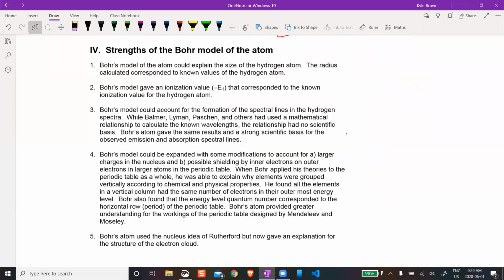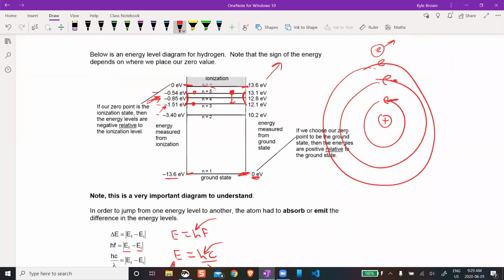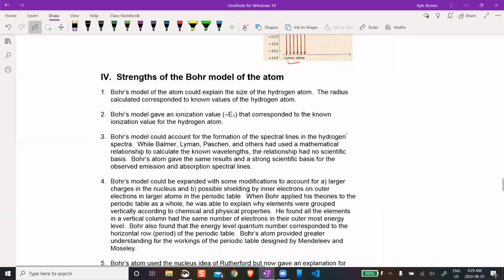Bohr's model gave an ionization level that corresponded to the known ionization level. So that's always good, right? His model was able to say, if I give this thing 13.6 electron volts, that's the amount of energy to strip the electron away from the atom. Okay, so it's always a good sign when your math or your model corresponds with reality, right?